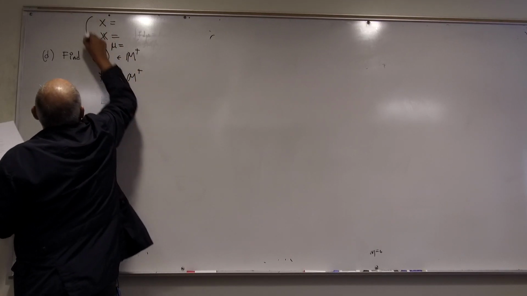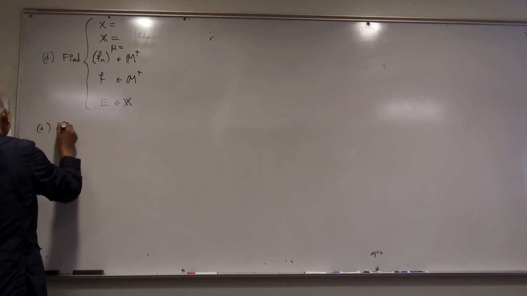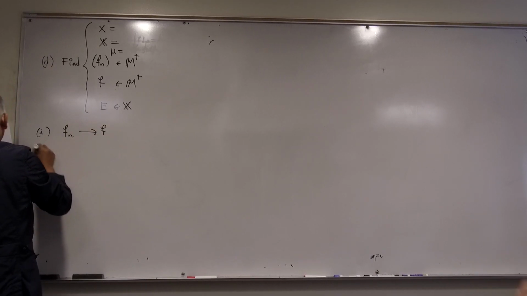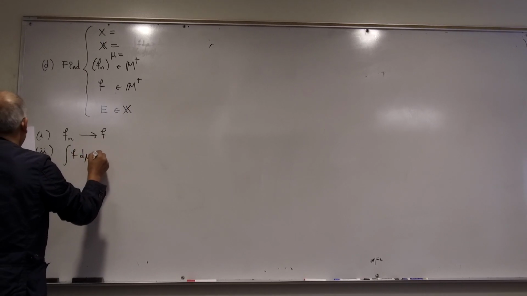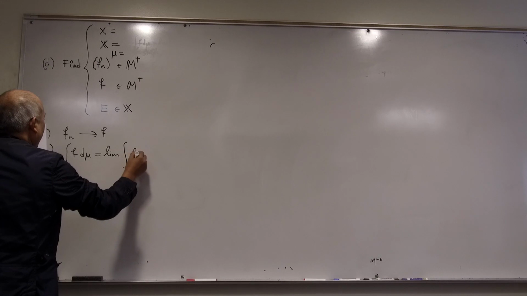You have to find all those things such that, number 1, f_n converges to f. Number 2, the integral of f d mu is the limit of the integral of f_n d mu.